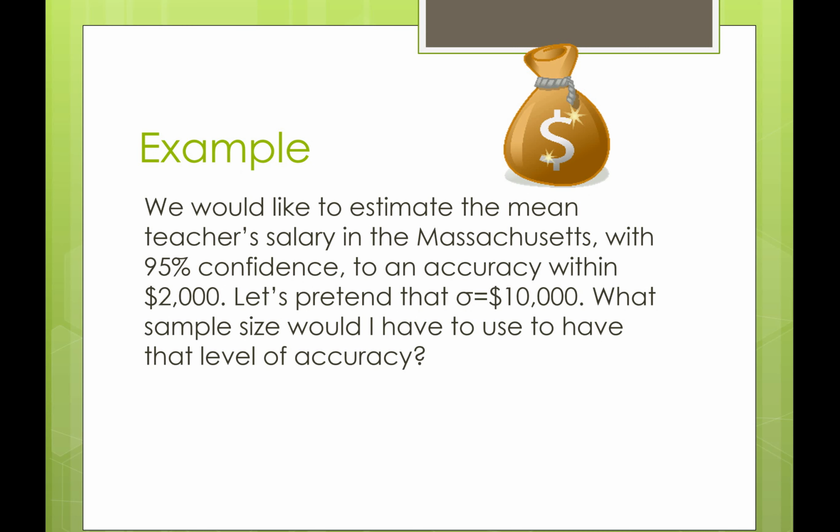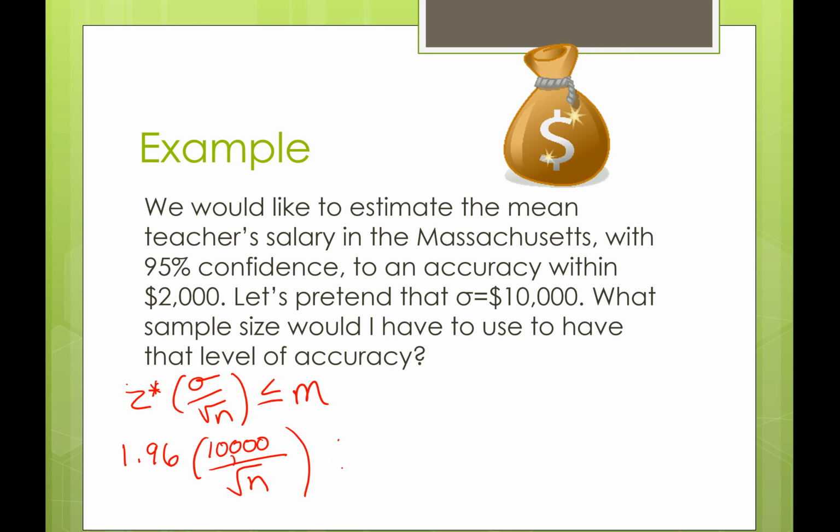All right, so let's do this last example. If we wanted the mean teacher's salary in Massachusetts with 95% confidence, and we want an accuracy of $2,000, pretend the standard deviation is $10,000. So we know our Z critical. We want this less than or equal to our margin of error. So we have 1.96 times 10,000 all over the square root of n, which is what we're solving for, has to be less than or equal to 2,000.